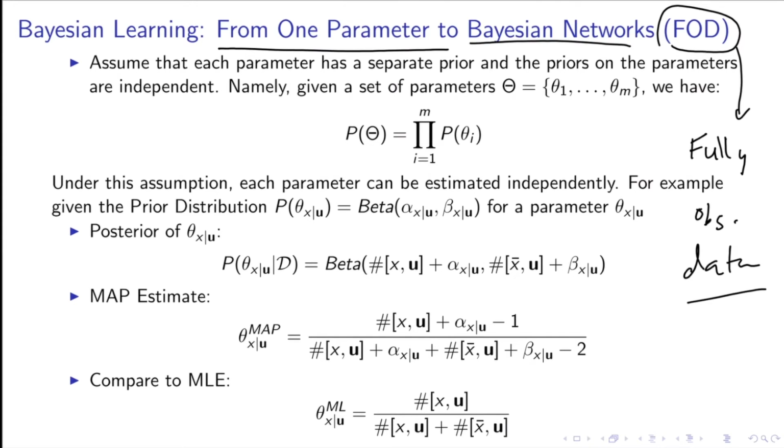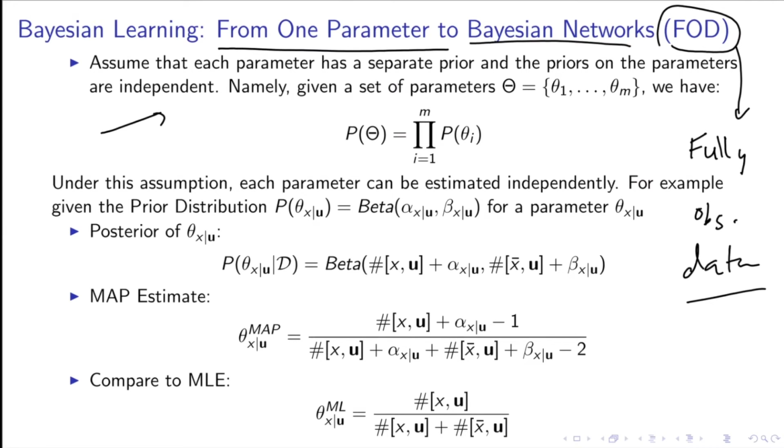The setup is quite simple. All you have to do in order to apply your result from the one parameter case to this multi-parameter case is make a very simple assumption. The assumption is that each parameter has a separate prior, and the priors on the parameters are independent of each other.